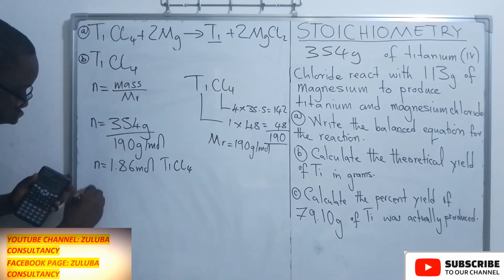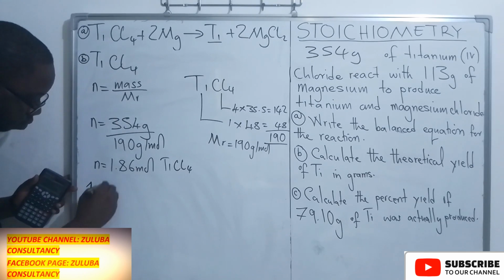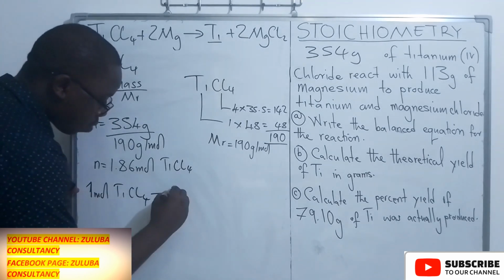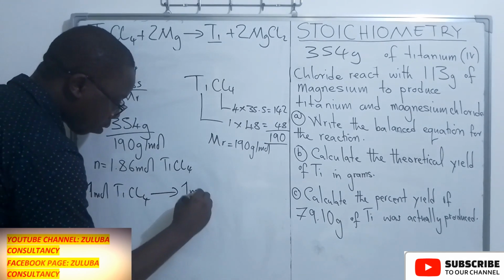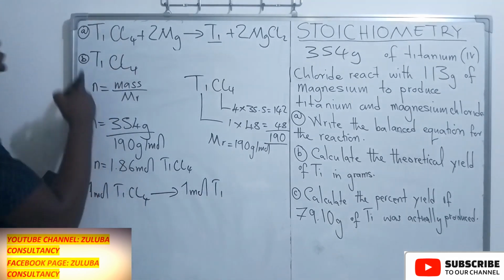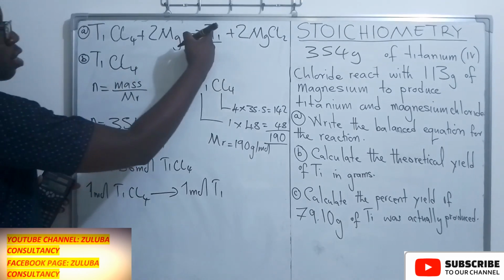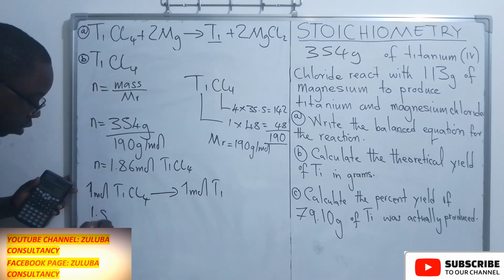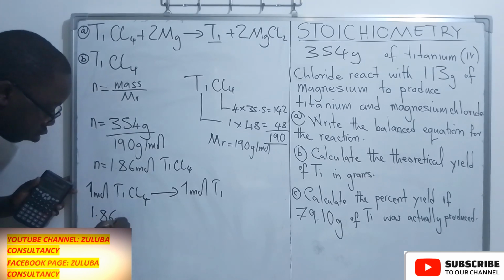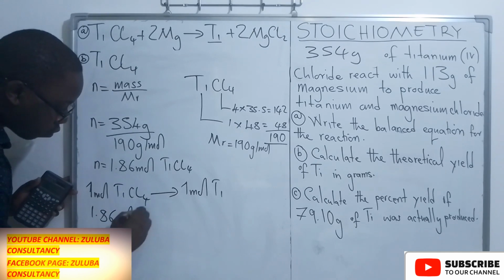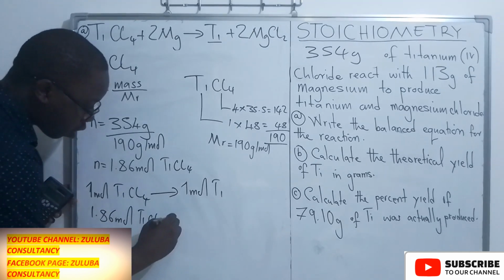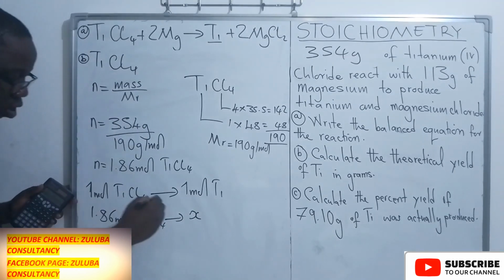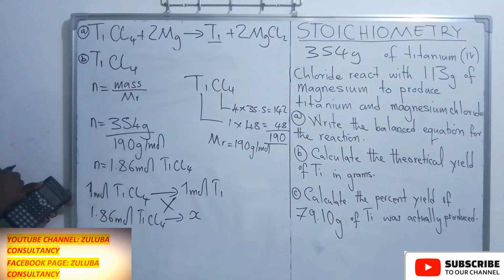The mole ratio is 1 mole of titanium chloride produces 1 mole of titanium. So we have the one here and the one here. If you have 1.86 moles of titanium chloride, how much titanium can be produced? This is a cross multiplication.